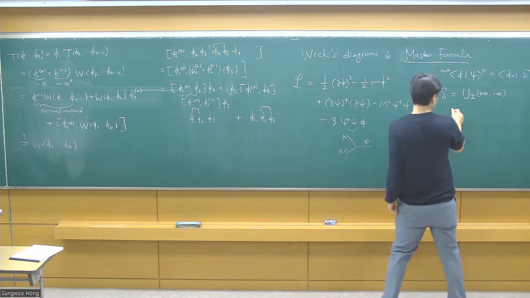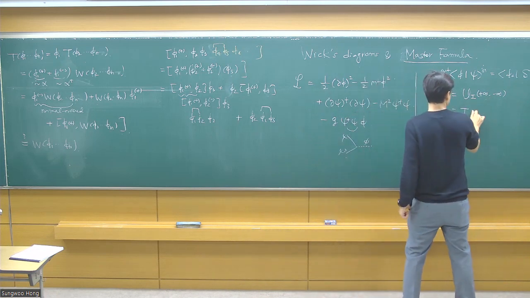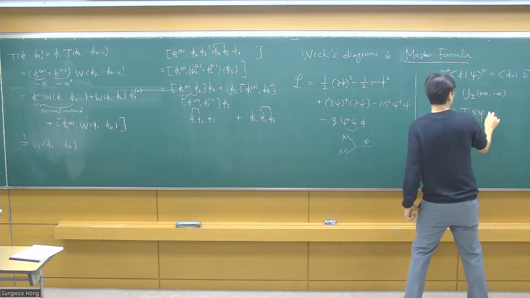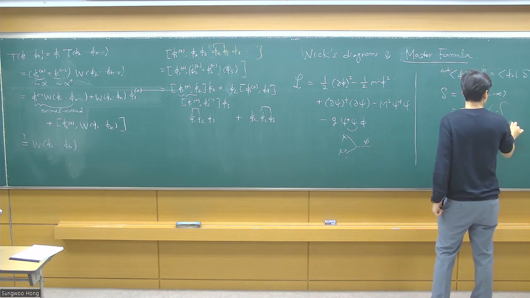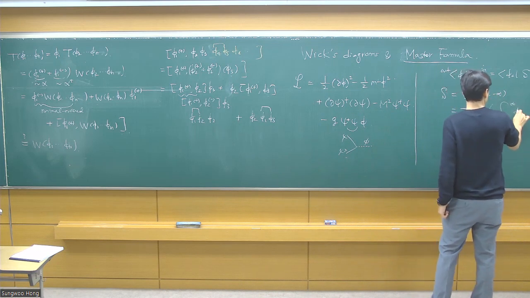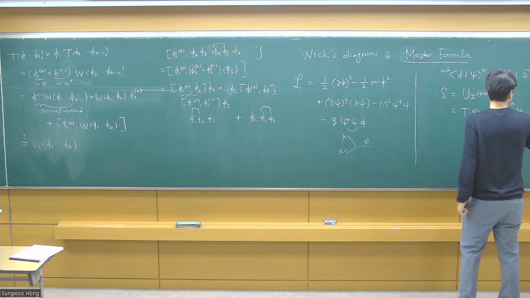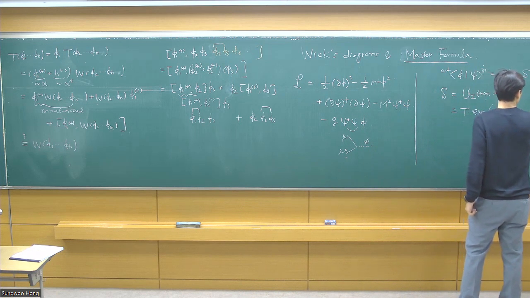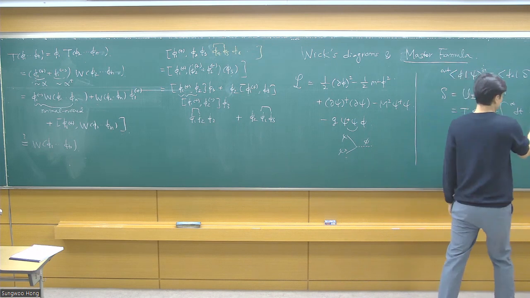Okay, and using the Dyson formula, this can be written as the time ordering of the exponential of -i, integrated from minus infinity to infinity over time, of the interaction Hamiltonian.